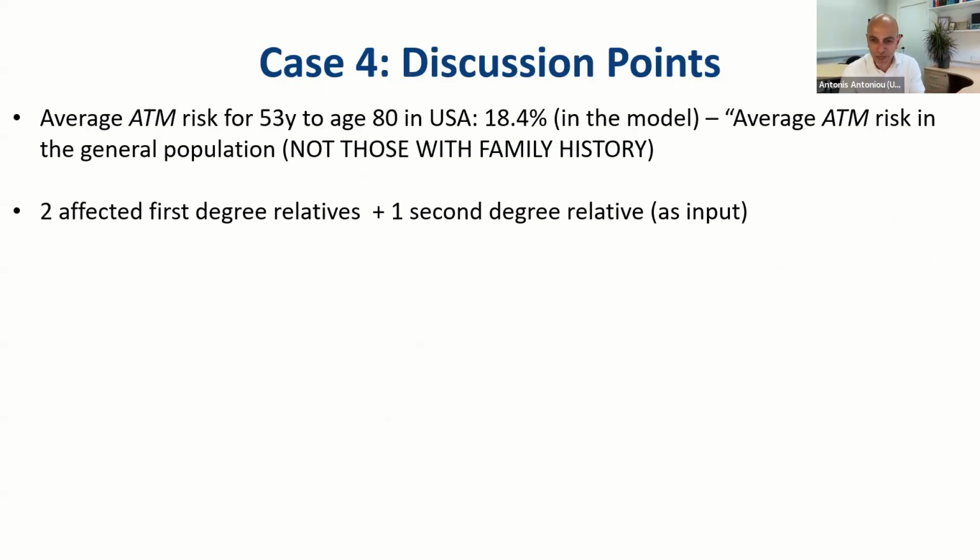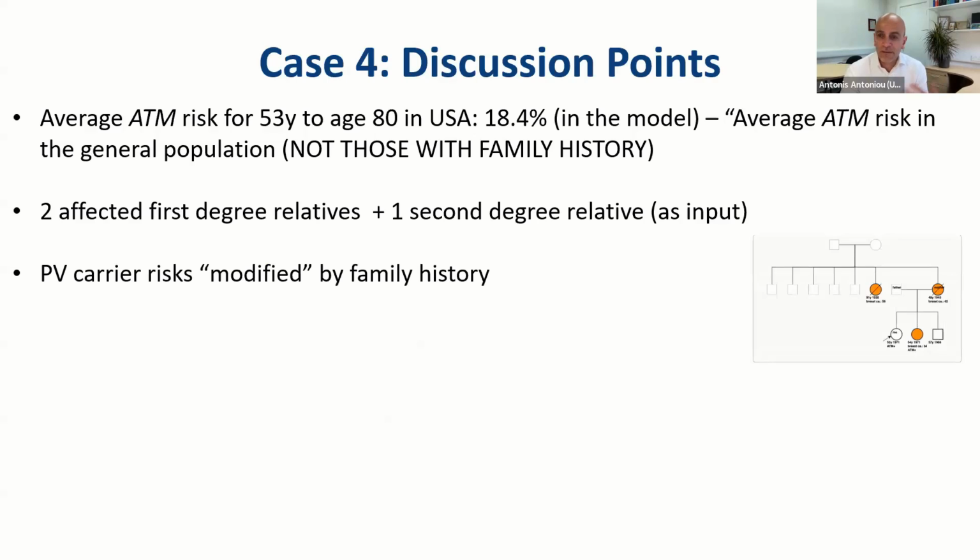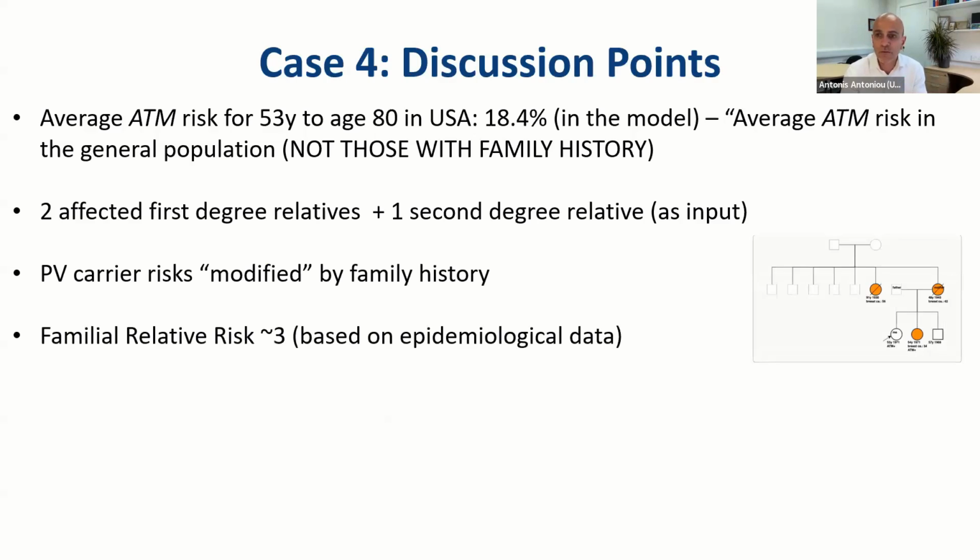So having information on the fact that they have affected relatives will influence the risk. Here there are 2 affected first-degree relatives and a second degree relative. So again, keep in mind that pathogenic carrier risks are always modified by family history. And we know from epidemiological data that the familial relative risk for those with 2 affected first and second degree relatives is around 3, so 3 times more likely to develop breast cancer compared to someone in the general population.